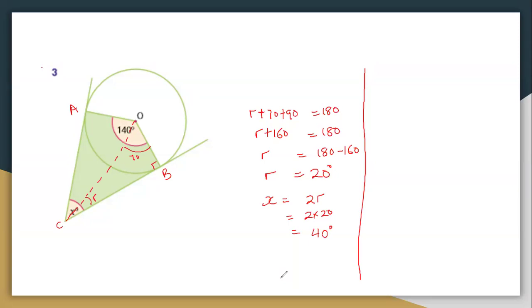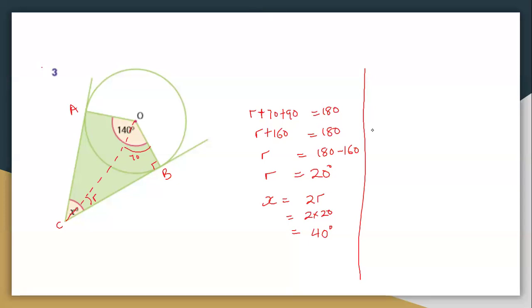So I decided to get X and added the 140, then subtracted it. I subtracted 180 minus 140, and then I got 40 degrees. Okay. Thank you.